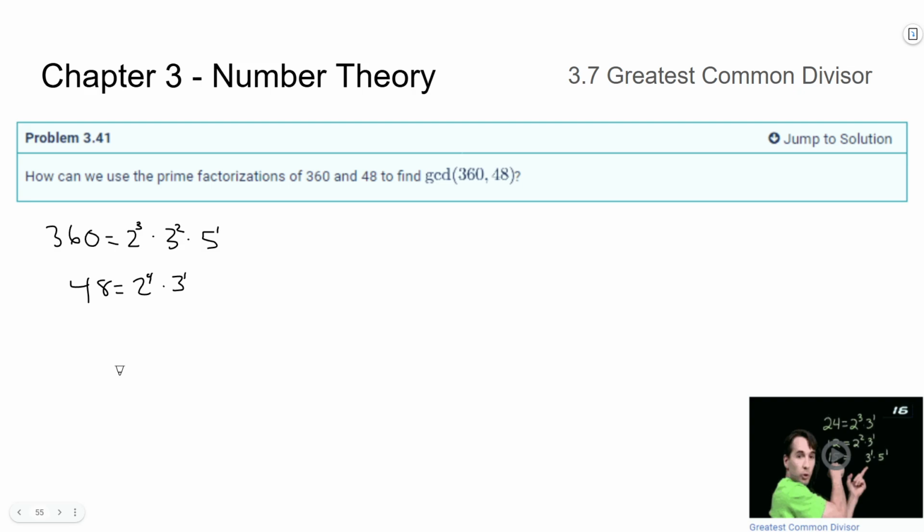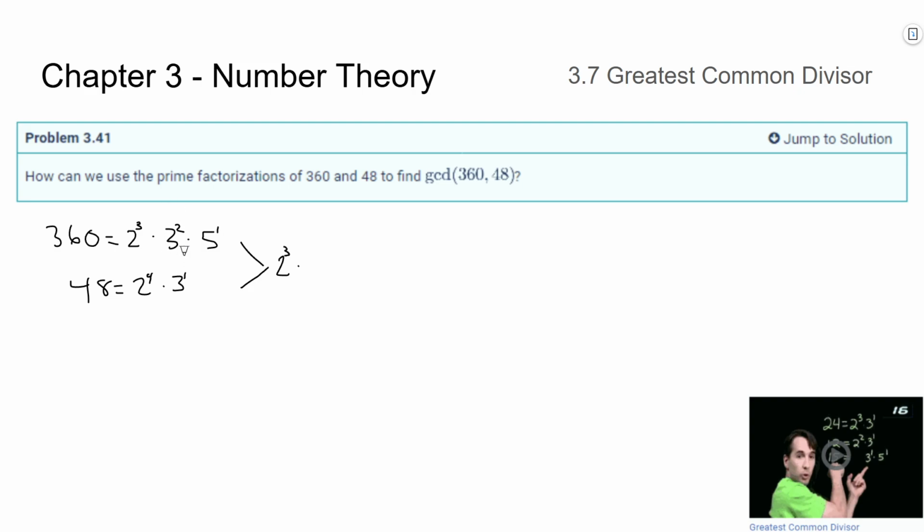Similar to how we did this for multiples, it's a very similar thing. But we want to find the largest amount we can make common of these two. So for our base of 2, what's the largest power we can extract out? That would be 2 cubed, because they both have a 2 cubed in common.